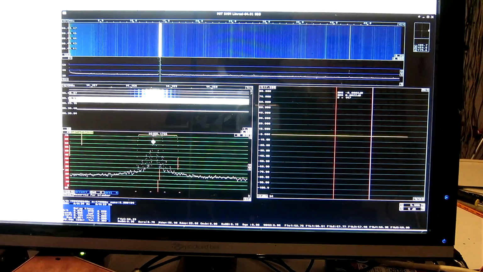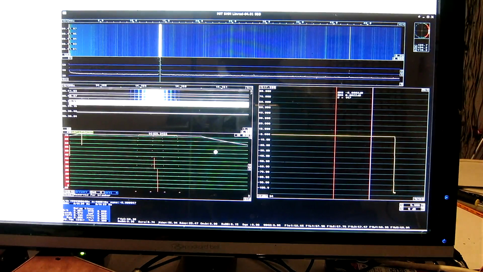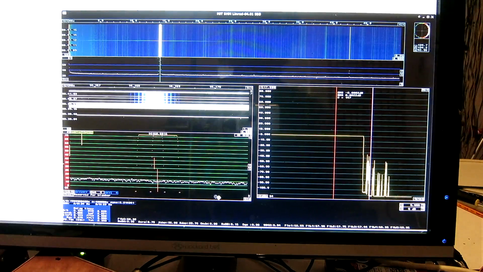The frequency now is 14. Well, I moved the BFO to the signal, so the frequency of the signal is 14.158.6. So I step 10 kilohertz away from here. 168.6. This is close enough.